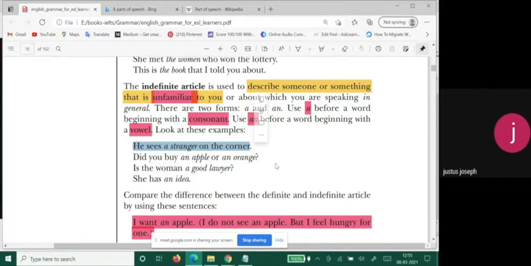So we have previously talked about this stranger in a few sentences. In the next sentence you see, it's written like this: He sees the stranger on the corner again. Now, is the stranger known or unknown?